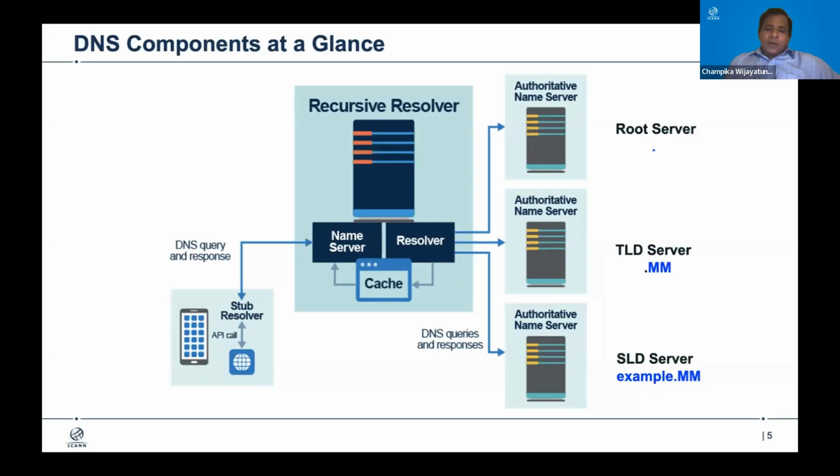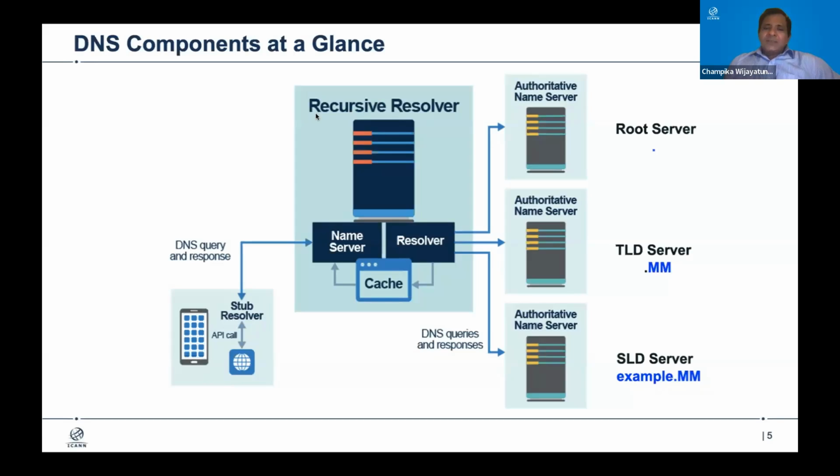So to do that, your device needs to know the IP address of that server. So that is why the application is asking the stub resolver, give me the IP address, right? But how can the stub resolver find this IP address for your application? So the stub resolver sends a DNS query to what we call the recursive resolver.